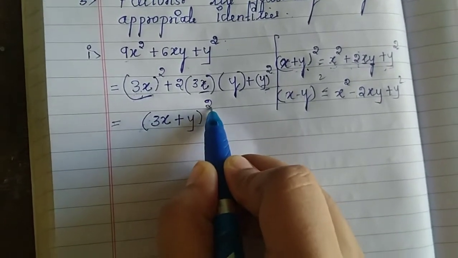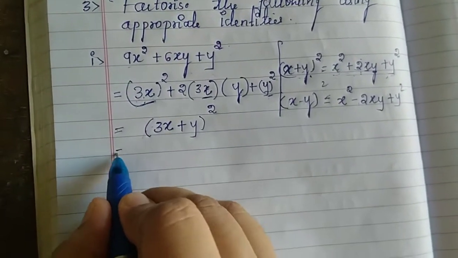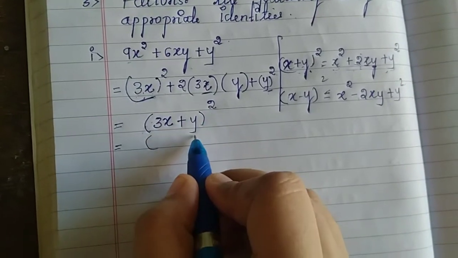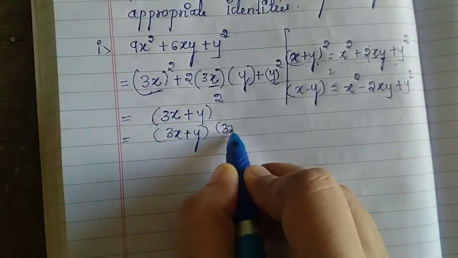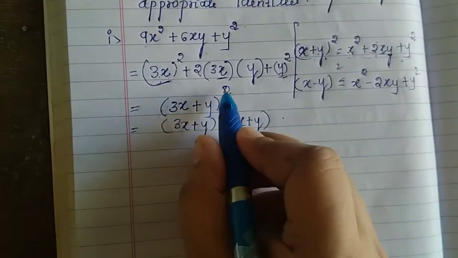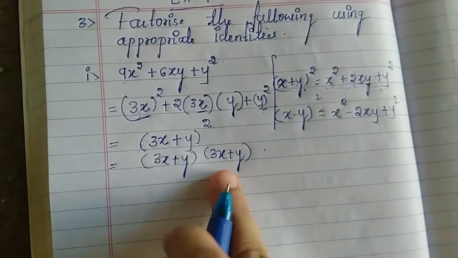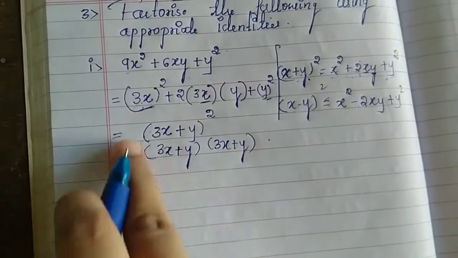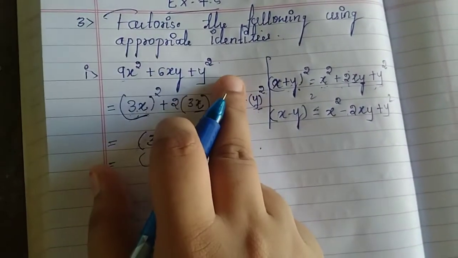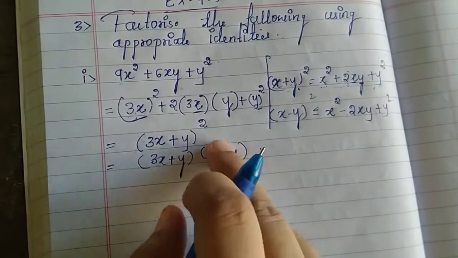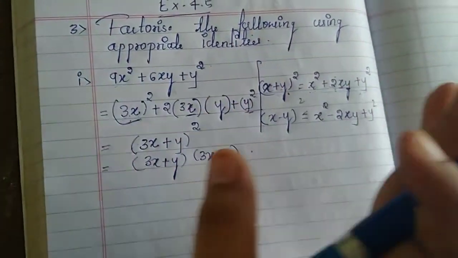So this can be written as 3x plus y the whole square, that is, 3x plus y into 3x plus y, 2 times. So this is the factorization of 9x square plus 6xy plus y square. These are the factors of this polynomial.